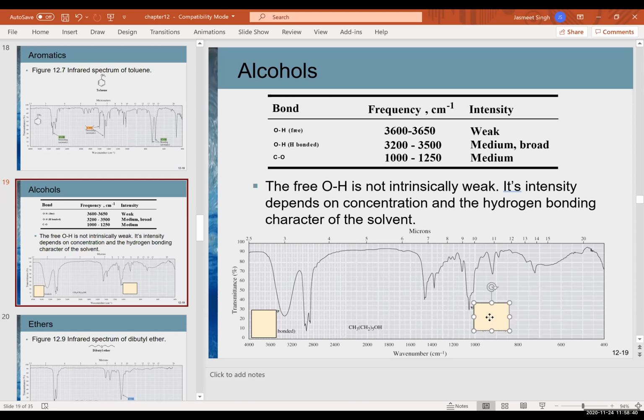Okay, so this one, 1000 to 1250, is CO stretching, and this one is OH. How about this one? Anyone?